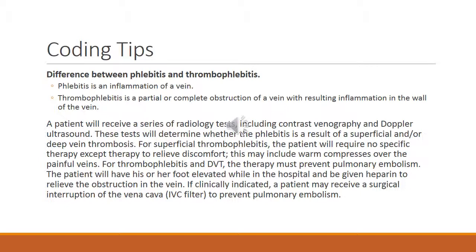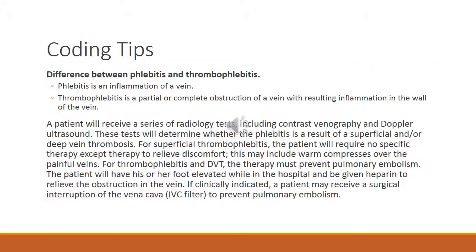Now, a patient will receive a series of radiology tests, including contrast venography and Doppler ultrasound. These tests will determine whether the phlebitis is a result of a superficial and or deep vein thrombosis. For superficial thrombosis, the patient will require no specific therapy except therapy to relieve discomfort. This may include warm compresses over the painful veins.